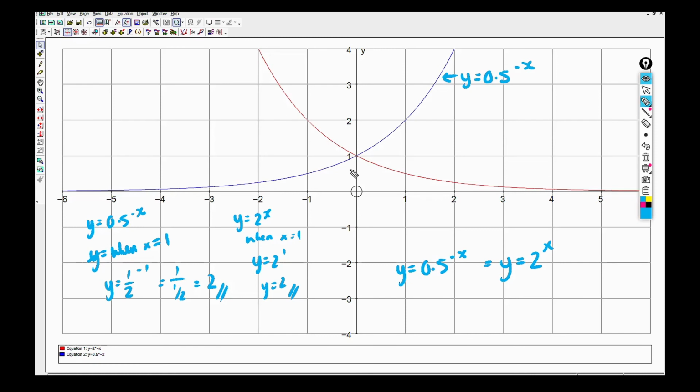But this topic is very closely linked to graph transformations. When you start adding things to the x, or manipulating the original equation, it really goes into graph transformations rather than creating new shapes of graphs or things you need to incorporate.